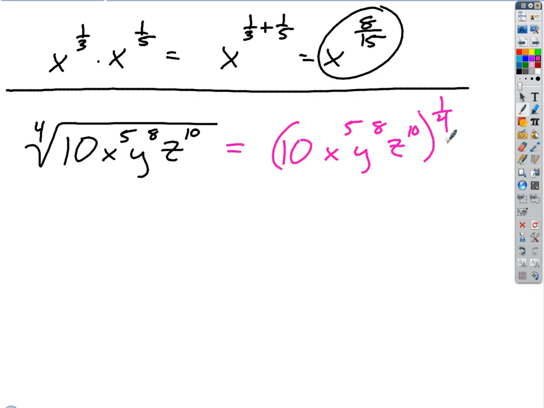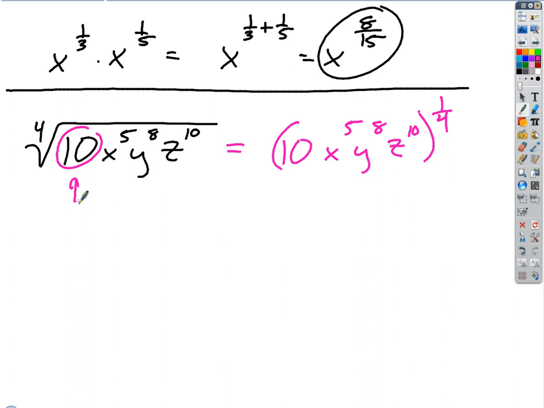So we'd have to ask ourselves, can we simplify the 4th root of 10? Well, no, we can't, because 2 to the 4th is 16. So there's no perfect 4th that's ever going to divide into 10. So we're stuck with that. In other words, the 10 is going to be stuck inside the radical. I can't take any of it out of the radical, right?